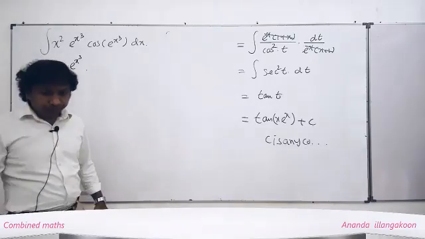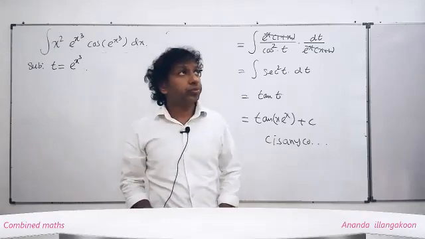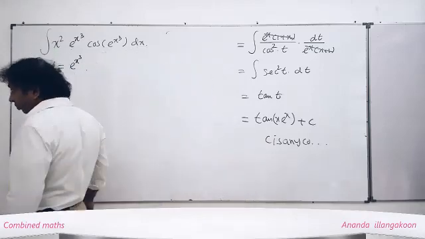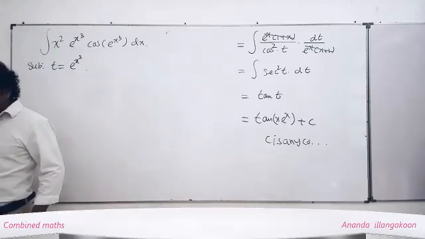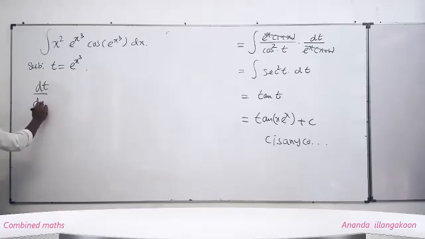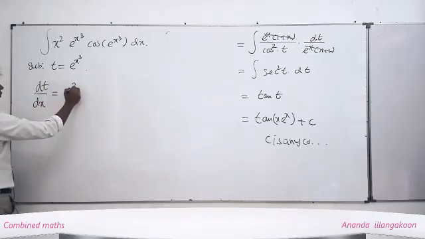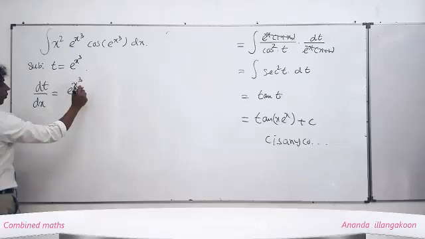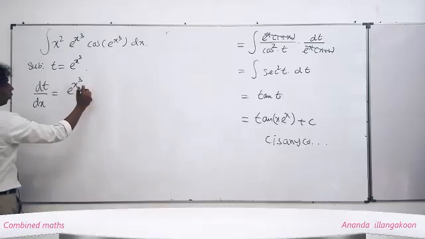Right, what's the answer? First differentiate this. e^(x cube), when you differentiate, we get this multiplied by the derivative of x cube, which is 3x squared.